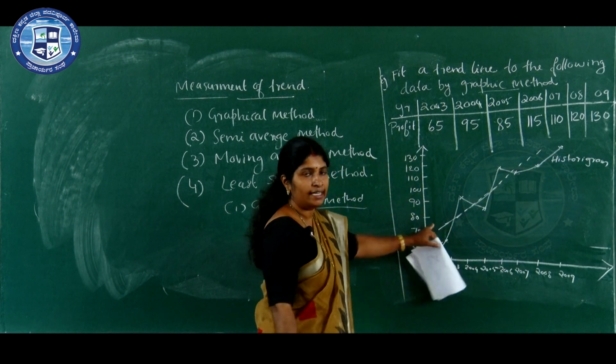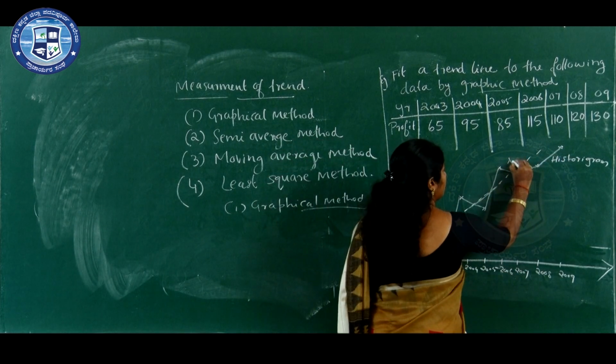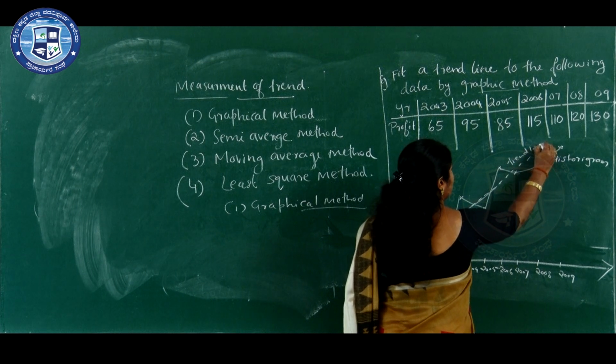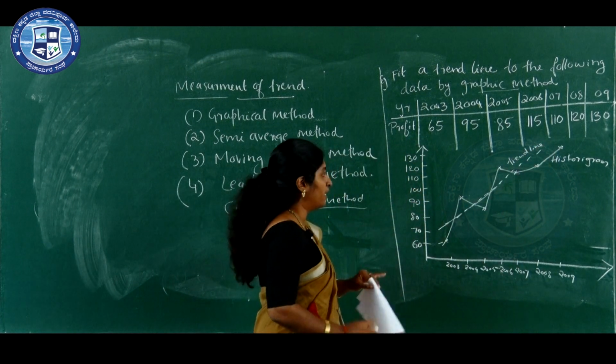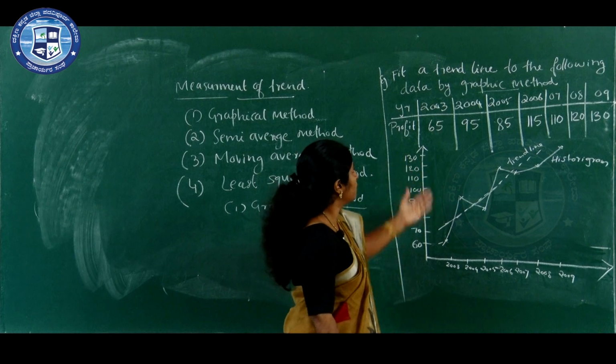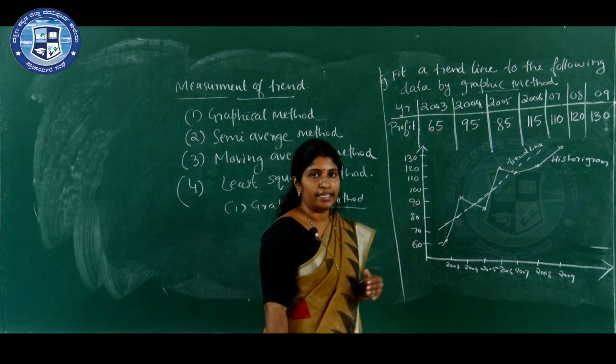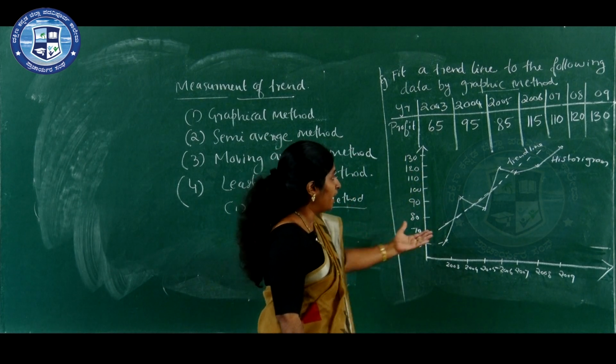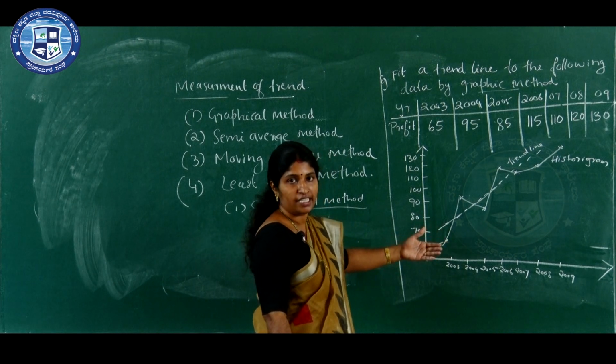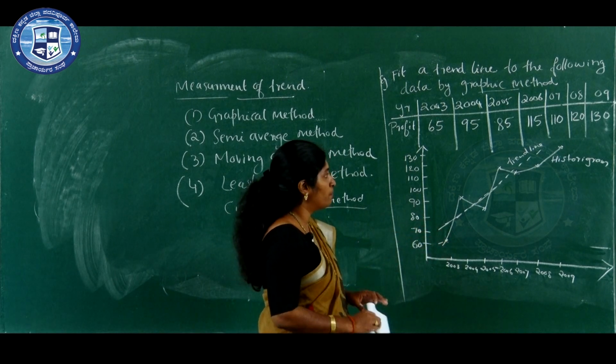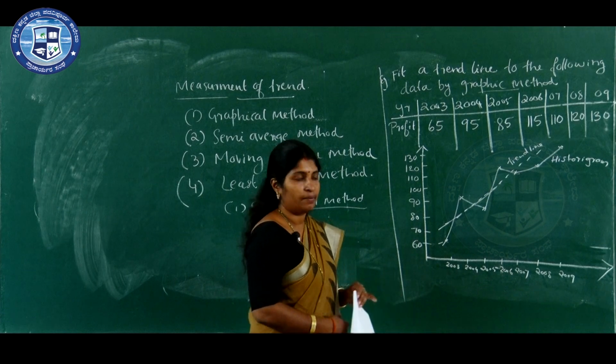This is the trend line. One of the disadvantages or demerits of this graphical method is that the trend line will vary from person to person for the same data.